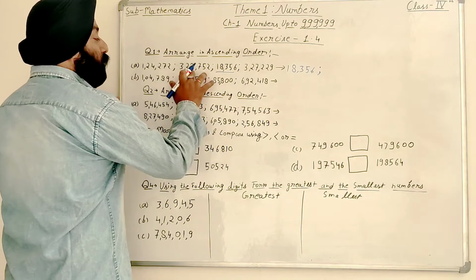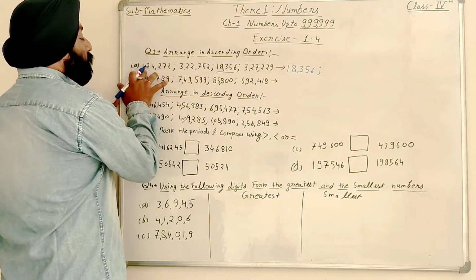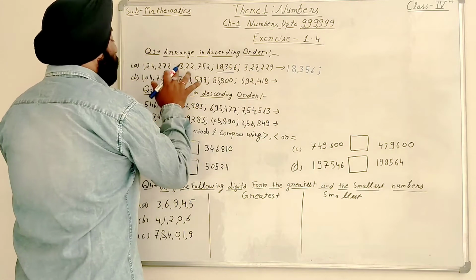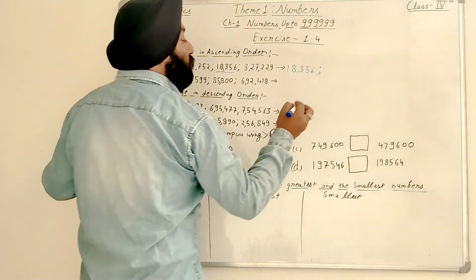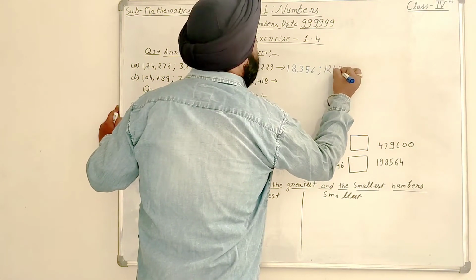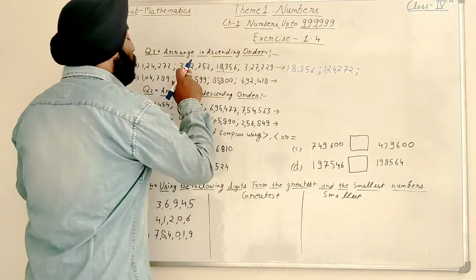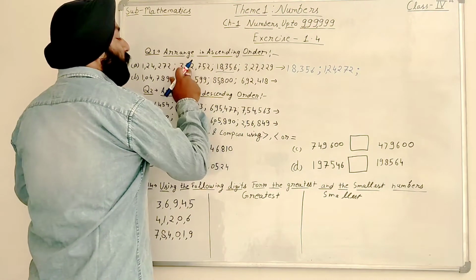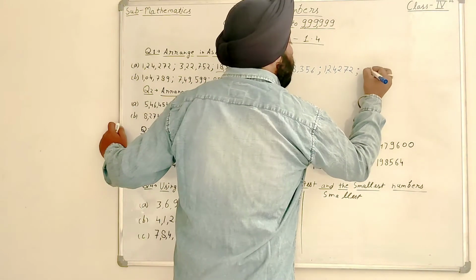Afterwards, two numbers are 3,27,000 and 3,22,000. But in comparison, 1,24,272 is smaller. Afterwards, 3 lakh and 3 lakh: 3,22,000 and 3,27,000. 3,22,000 is smaller.